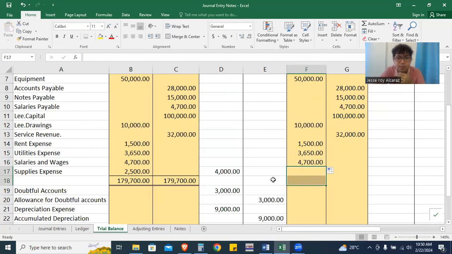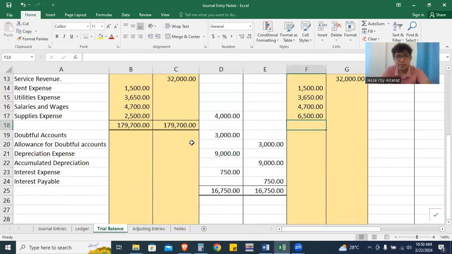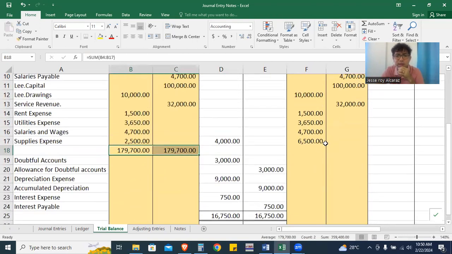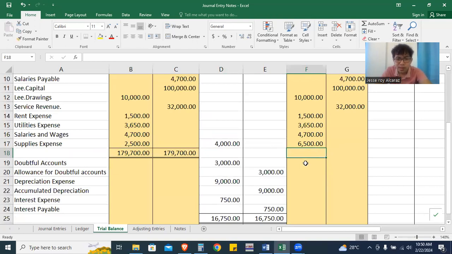Okay. So, for example, supplies expense, debit, and then there's an adjustment of debit. So, we add them together. Okay, do not include this when we transfer it to the adjusted trial balance. Then, we have the doubtful accounts.